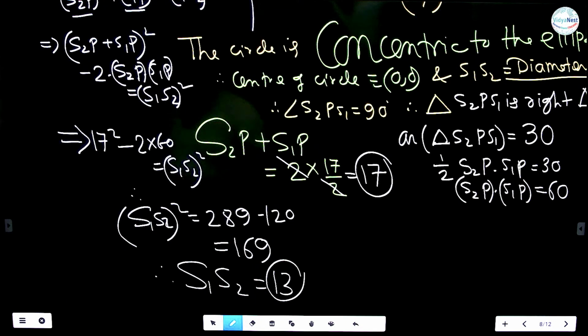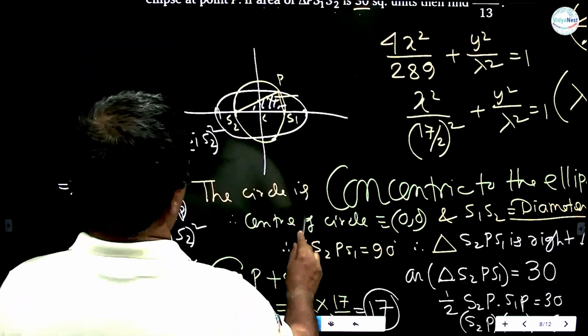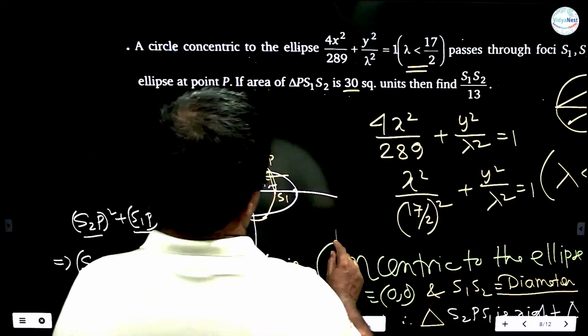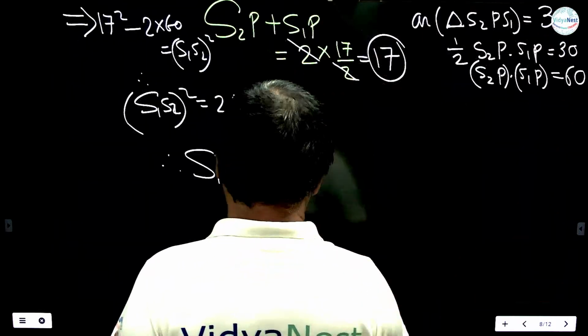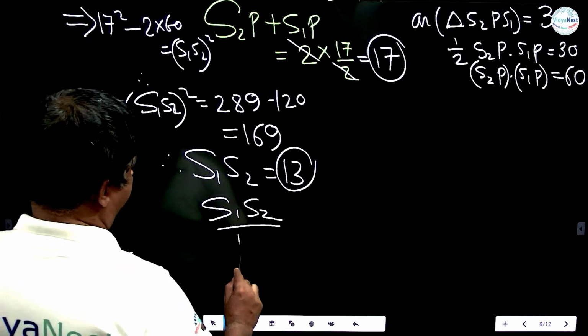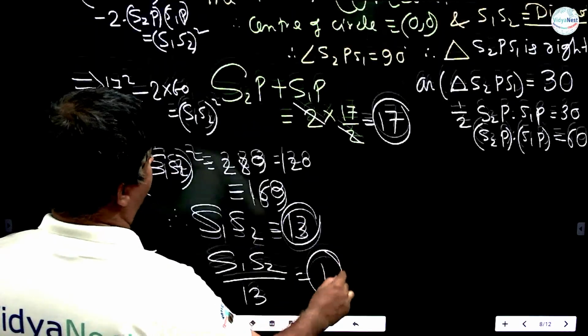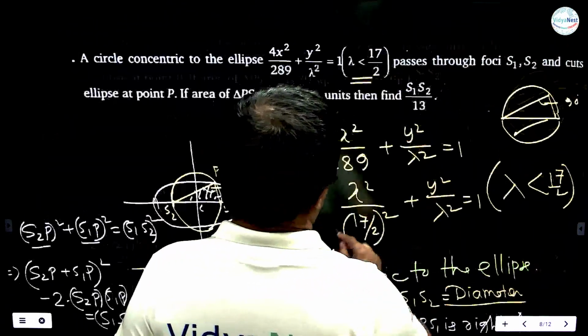Understood. Now you are told to find what? Let's see. In the question, S1 S2 by 13 is equal to 1. The answer is 1.